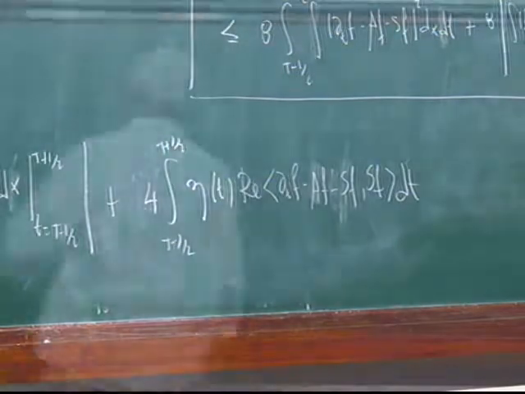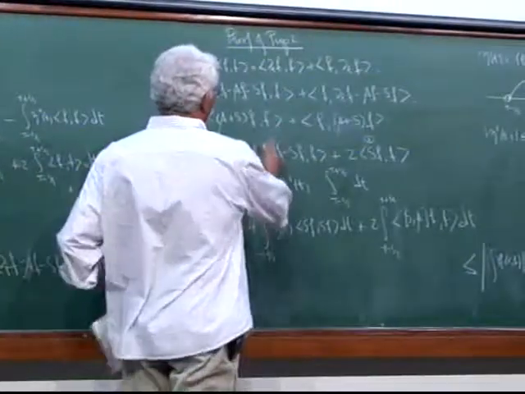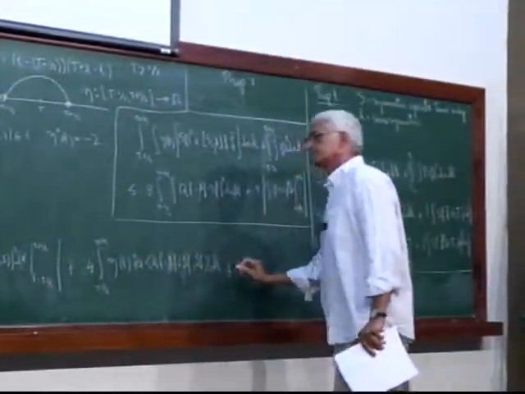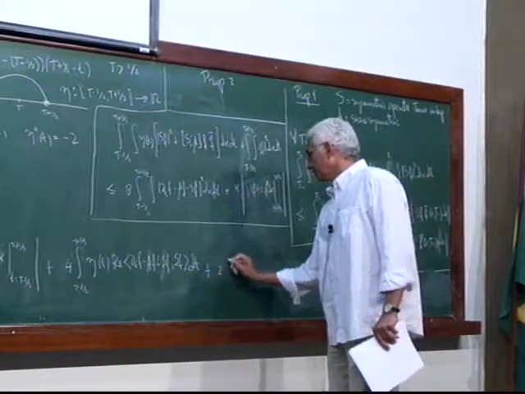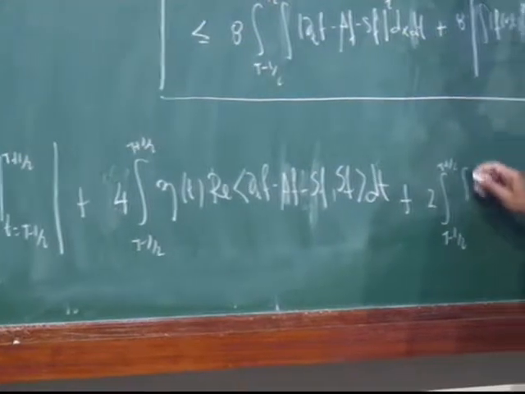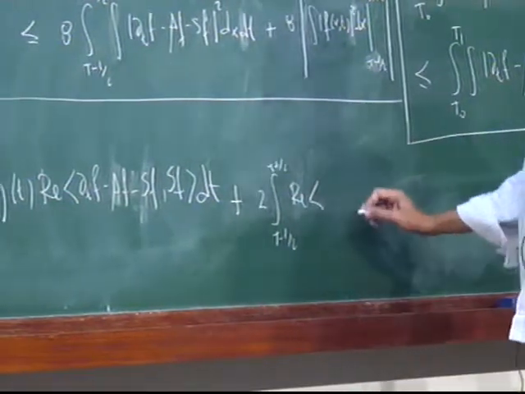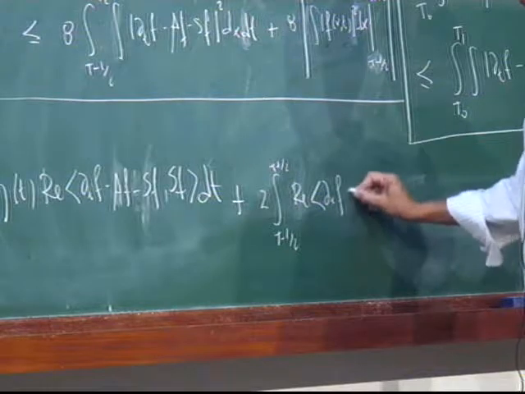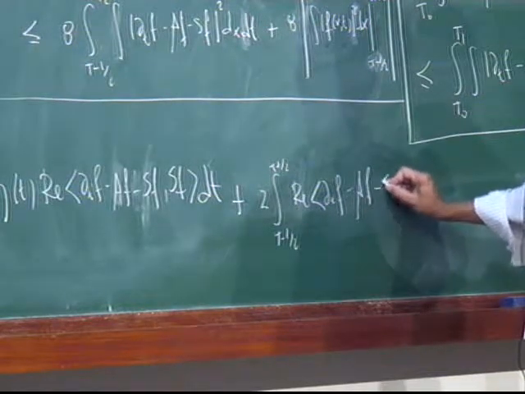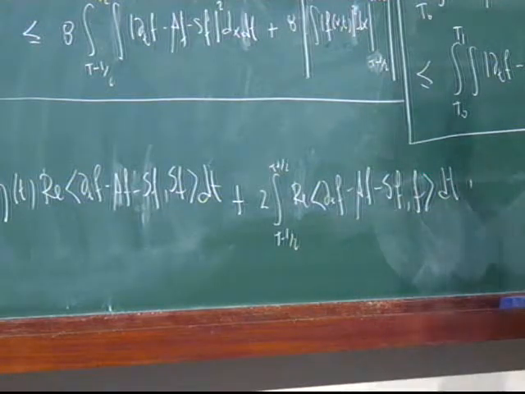Okay, we have handled 2 and 1. We need to put the 3 that still stay in that side. Plus twice the real part of STF minus A of F minus F of F, F dt. Do you agree?